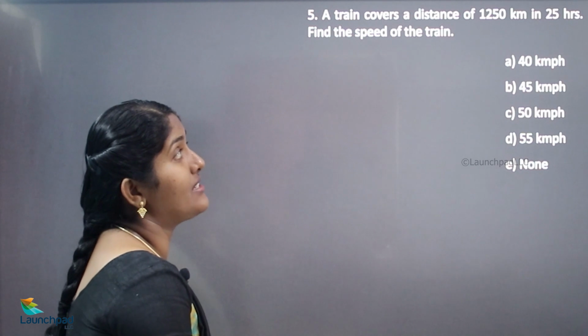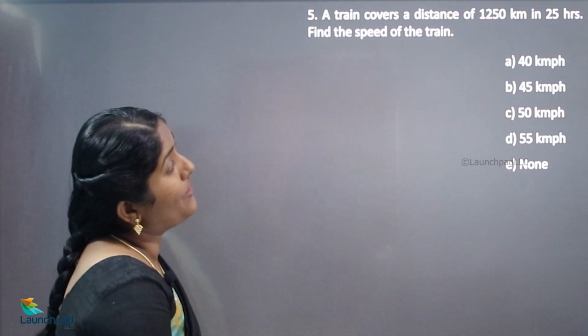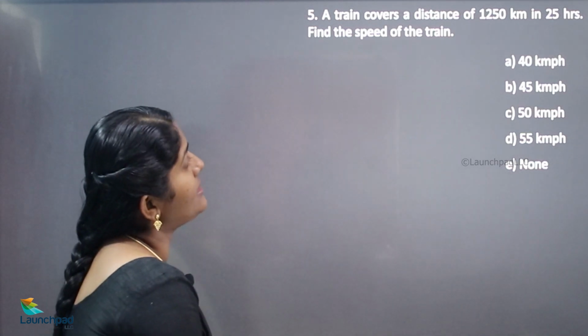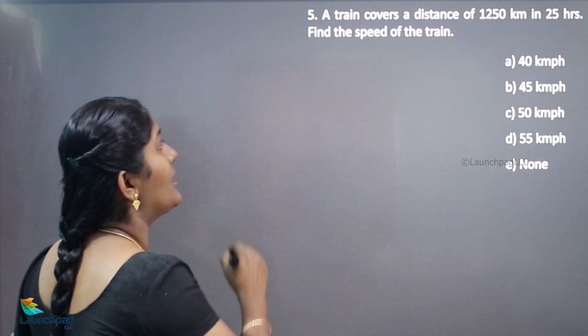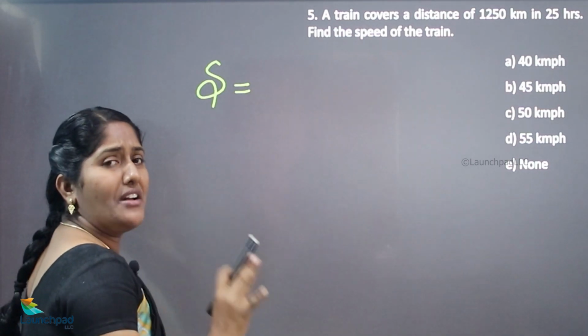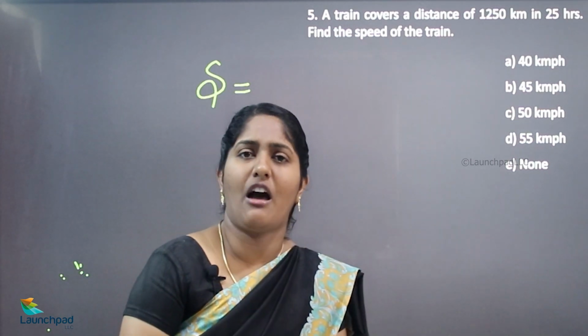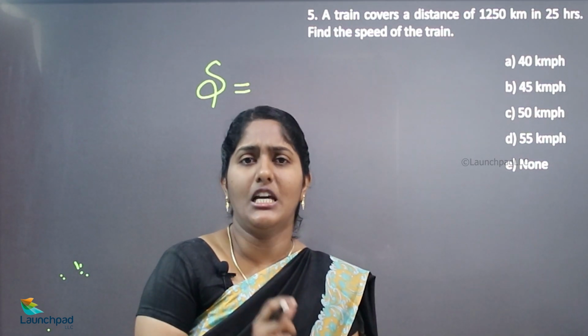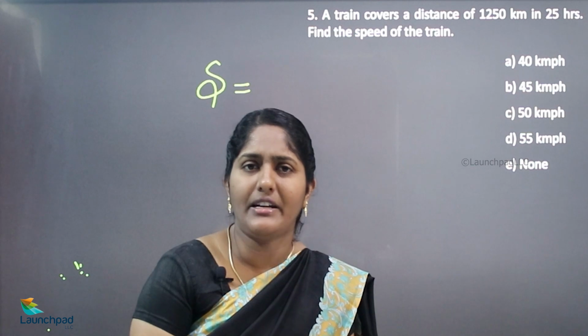A train covers a distance of 1250 kilometer in 25 hours. Find the speed of the train. Here we want to find out the speed of the train. Generally the speed of the car, the speed of the man, the speed of the train, whatever it might be, the speed is equivalent to distance divided by time taken.